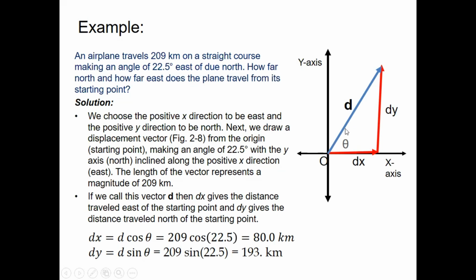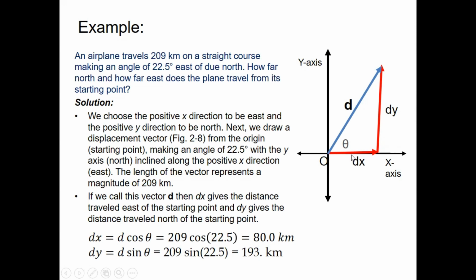A vector can be written in components, the two perpendicular components. Let me say this is dx and this is dy. The component on the x-axis towards east is dx and towards north is dy. So I use this to find out.